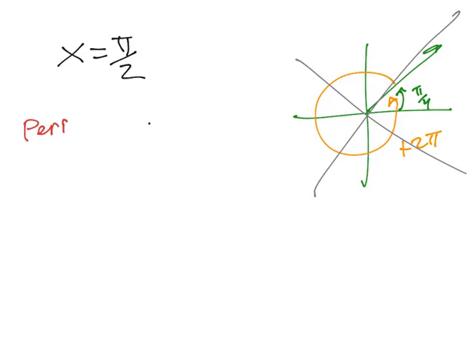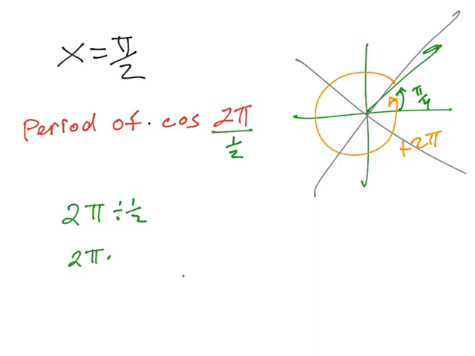So the period of normal cosine is 2 pi. Well, half angle means we divide by a half. And 2 pi divided by 1/2 is the same as 2 pi times 2, which is 4 pi. So here is the period of cosine half angle.